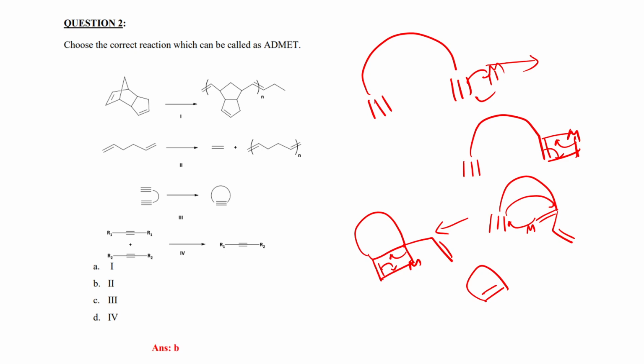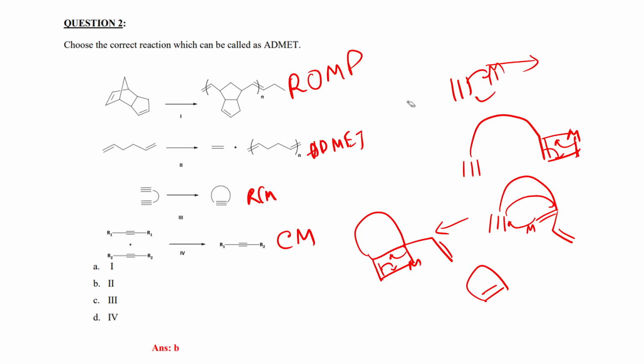In that way you can explain that ring closing is happening, and that's why it could be called ring closing metathesis. For this one, it is normal cross metathesis, because R1 and R2 are actually interchanging, so cross metathesis will happen.